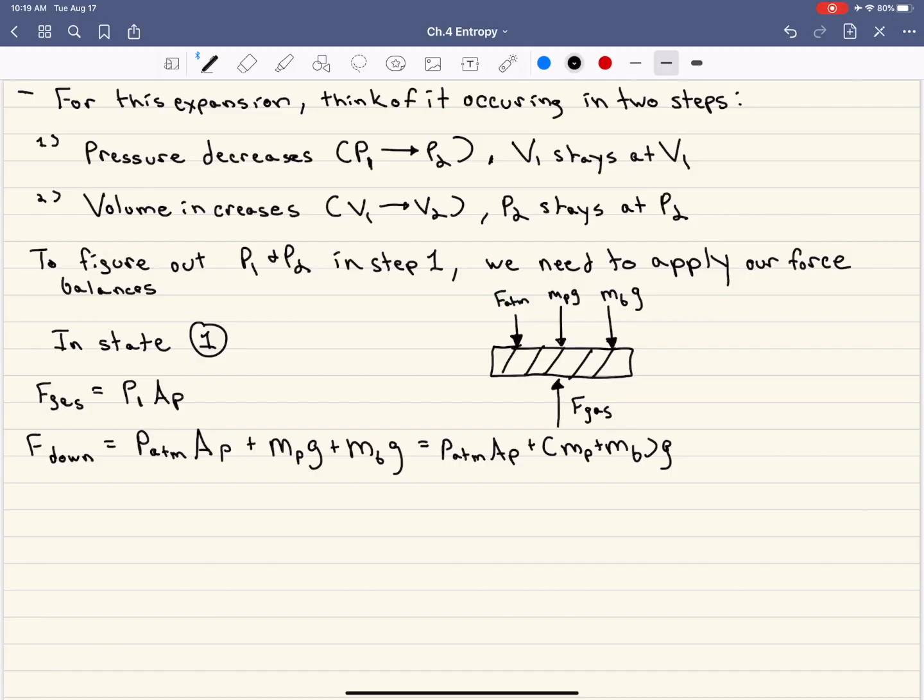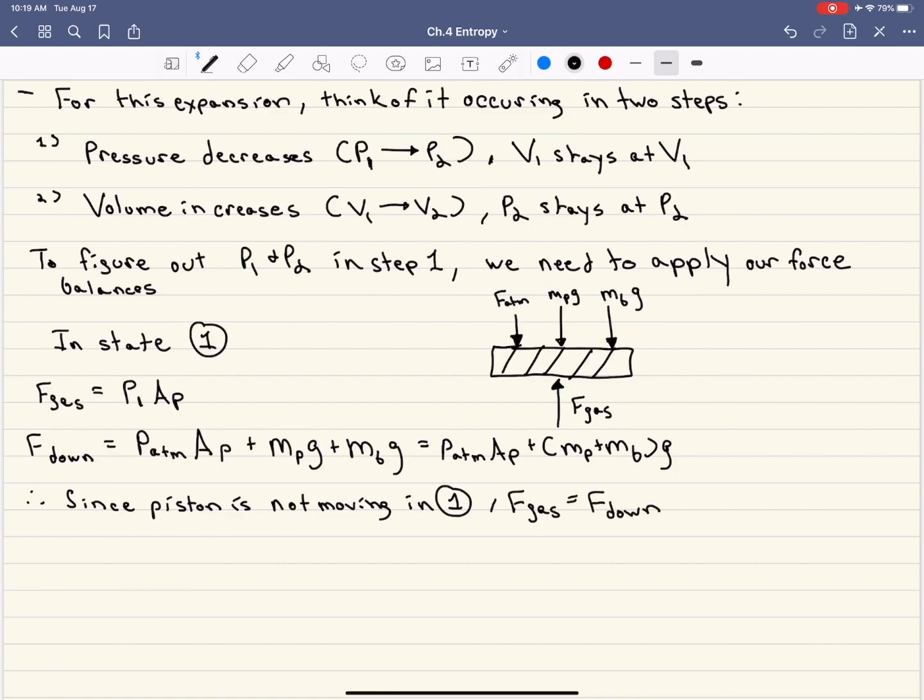In the initial state, before we remove the block, we know that the piston is not moving. And since the piston is not moving, we know that the force of the gas is going to equal the force in the downward direction.